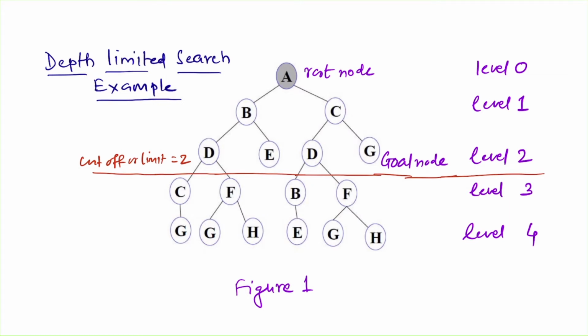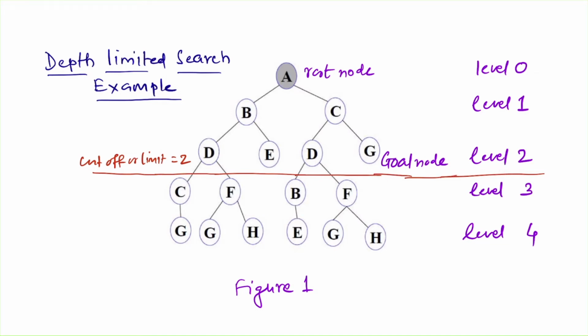Then we have nodes D and E, again D and G, they are at level 2, and G is the goal node. So we have to find the path to this node. Now here we'll take the limit as 2, so the search will not go beyond this red line which is shown here.